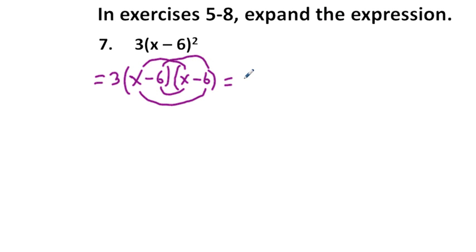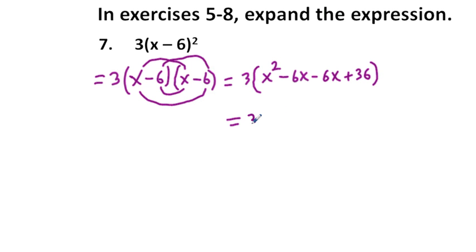So that's going to equal 3 times, we have x times x is x squared. Negative 6 times x is negative 6x. This negative 6 times x is minus 6x. And then this negative 6 times negative 6 is positive 36.